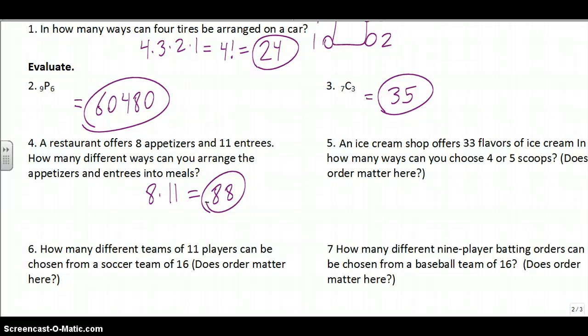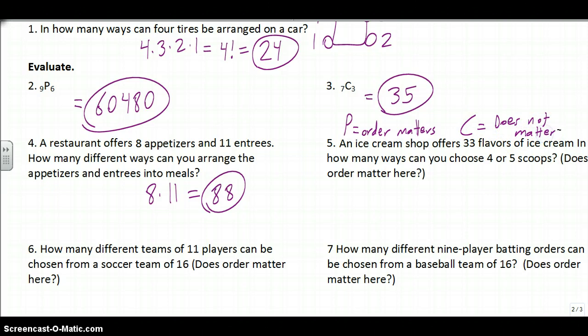Okay? Number 5, an ice cream shop offers 33 flavors of ice cream. In how many ways can we choose 4 or 5 scoops? Well, does order really matter here? That's the big question. Remember that with permutations, order matters, and with combinations, order does not matter.